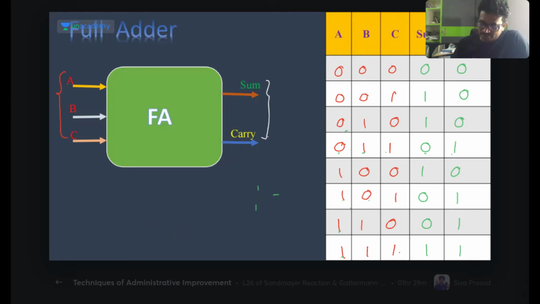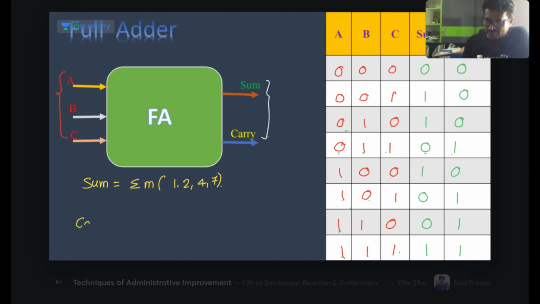So everybody completed this table? Understood the tables? Now tell me some expressions. Tell me the sum here. The sum in terms of sigma m is 1 2 4 7. Sum expression is 1 2 4 7.